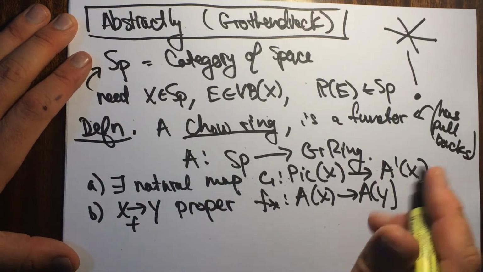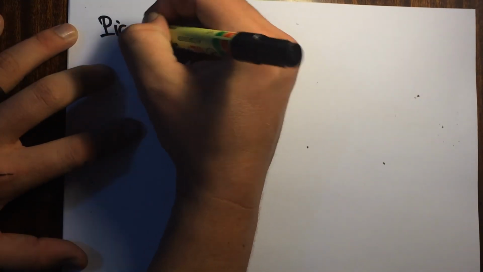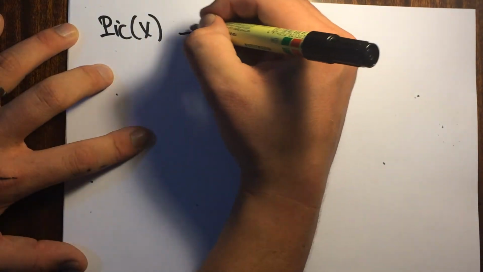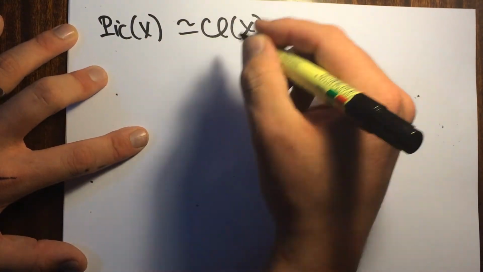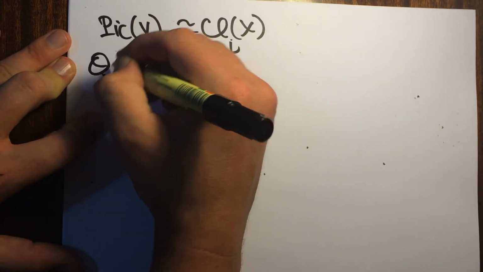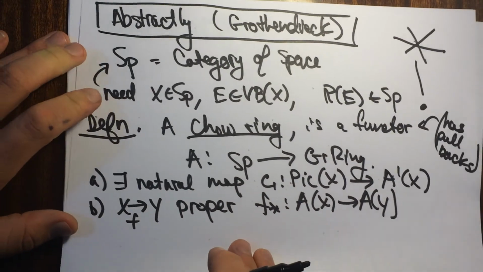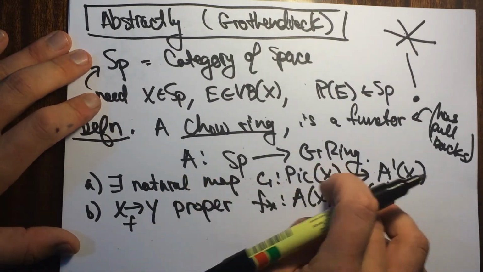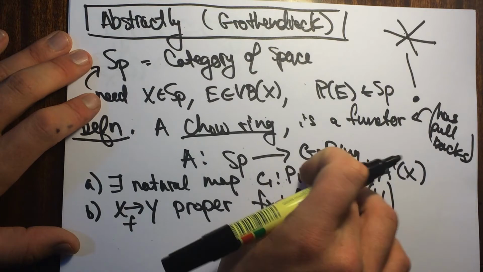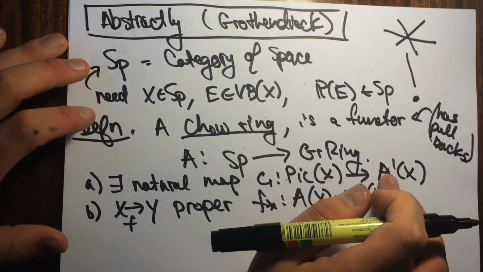Let me take a little pause on this definition. If I didn't say this already, the isomorphism between the Picard group and the divisor class group was given by taking a divisor D and mapping it to O_X(D). What this is going to do is take a certain line bundle to its associated divisor.